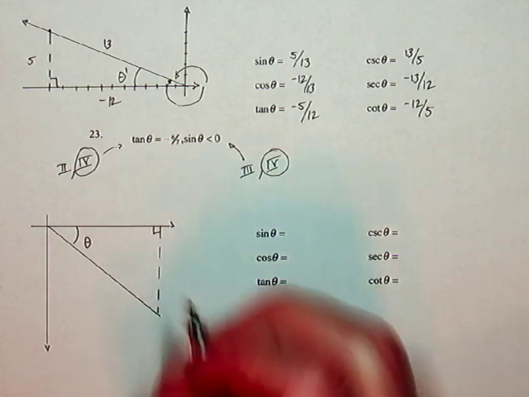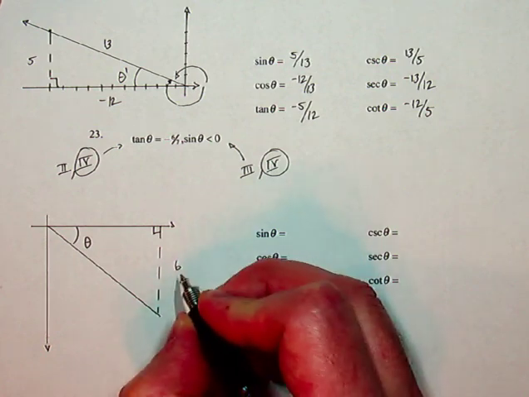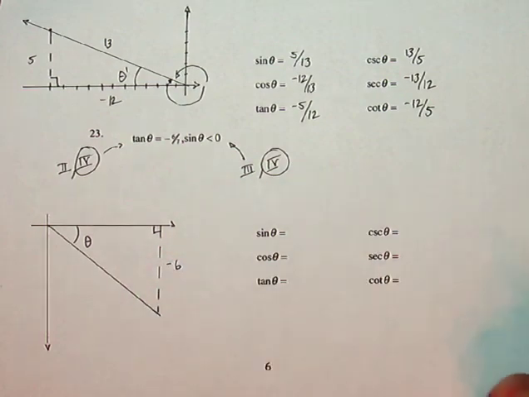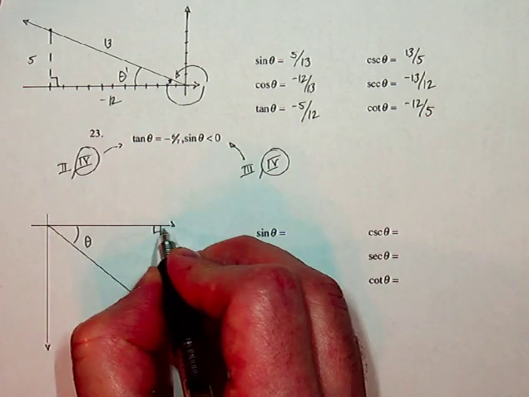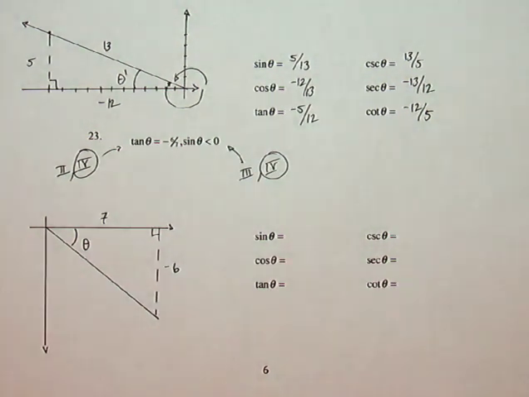I know that this right here is opposite of theta, so it's going to be 6. But see, it's extending down, so I know that it's negative. And this extends to the right. That's positive x, so it's 7. Now I simply have to get the hypotenuse. Well, 7 squared is 49, 6 squared is 36, and that's going to wind up being 85.